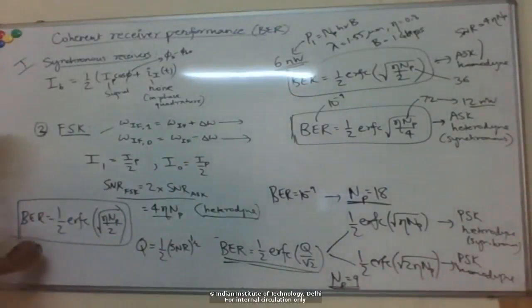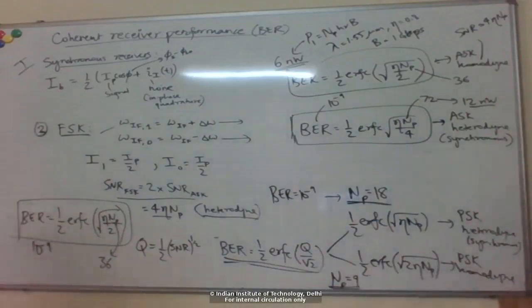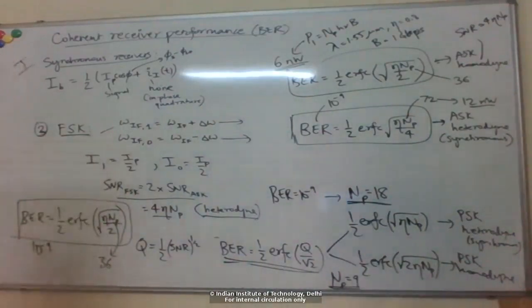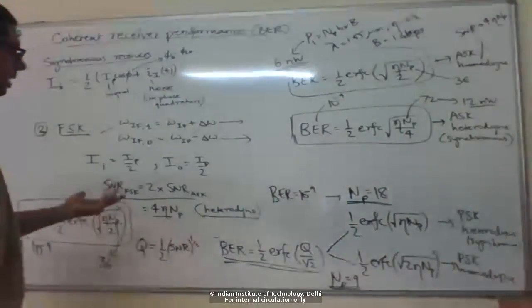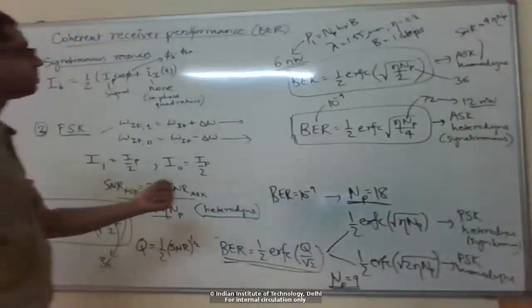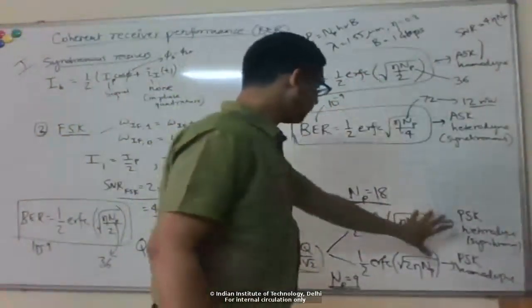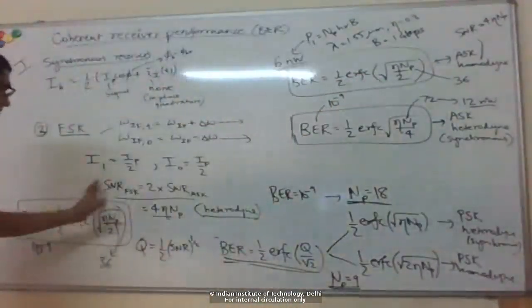Okay, so again for 10 to the minus 9, this comes out to be 36 photons per bit. And now again for FSK, bit 0 and bit 1 both have the same number of photons. Okay, so basically, yeah, we can see how the 3 different modulation schemes compare, right? ASK, homodyne heterodyne, PSK, homodyne heterodyne, and then FSK, which is only heterodyne.